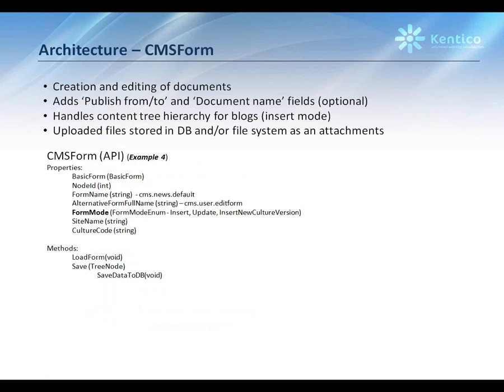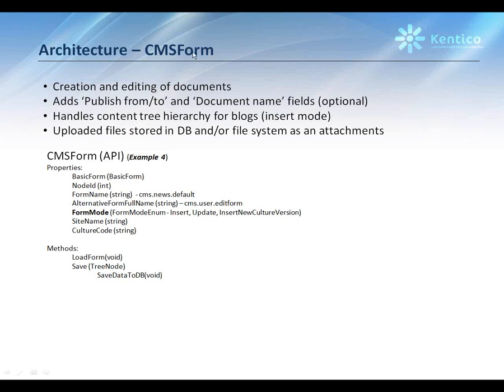Okay, let's go into the CMS form control. This one is meant for editing or inserting document data because it knows about the content tree structure. It also ensures the content tree hierarchy for blocks, and it stores the uploaded files in the database and file system as configured, and it's capable of displaying publish to, publish from, and document name fields.